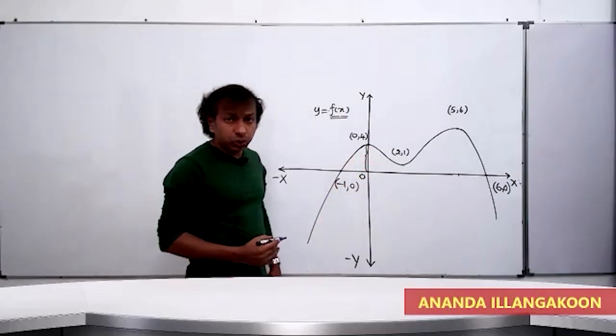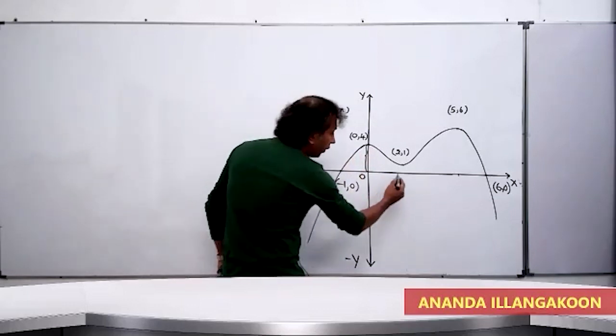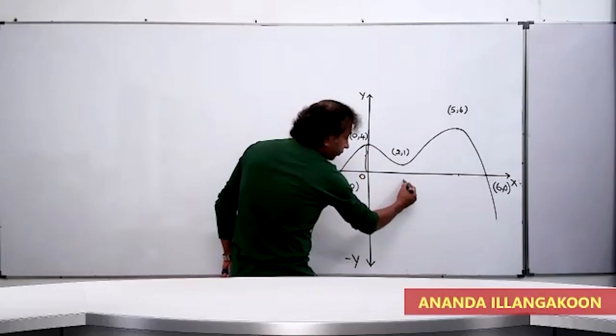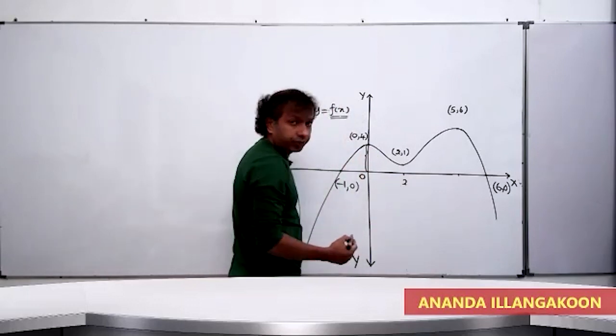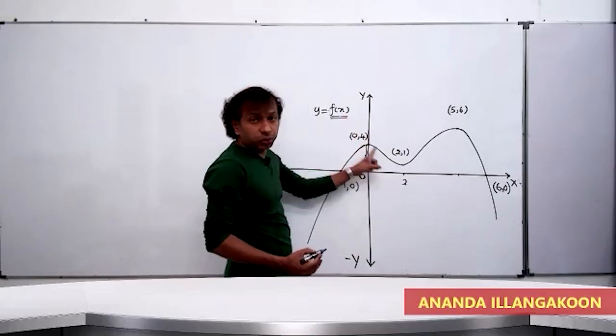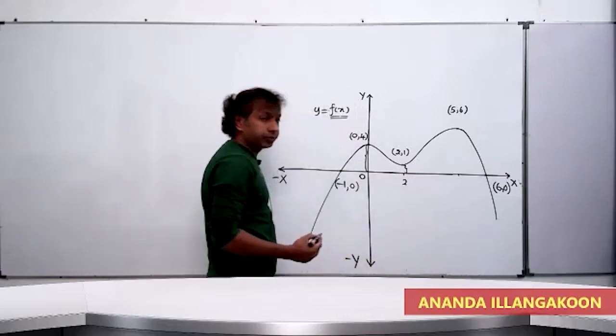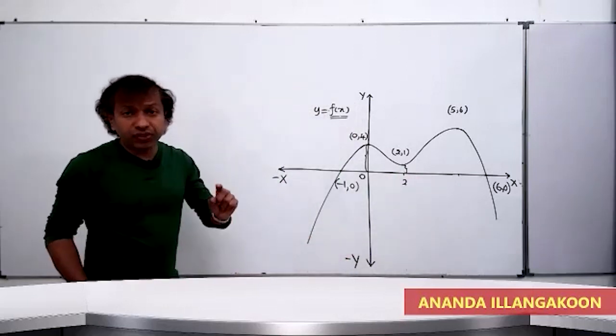When x equals 2, f(x) means the y coordinate at x equals 2, this height. That is the f(x) value when x equals 2.